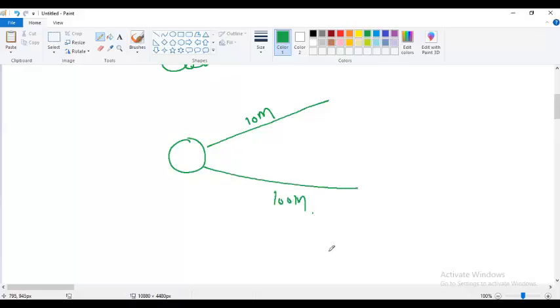If you don't set cost, it is going to be like this: 100 divided by the bandwidth. What is the bandwidth here? 10. So 100 by 10 is 10.